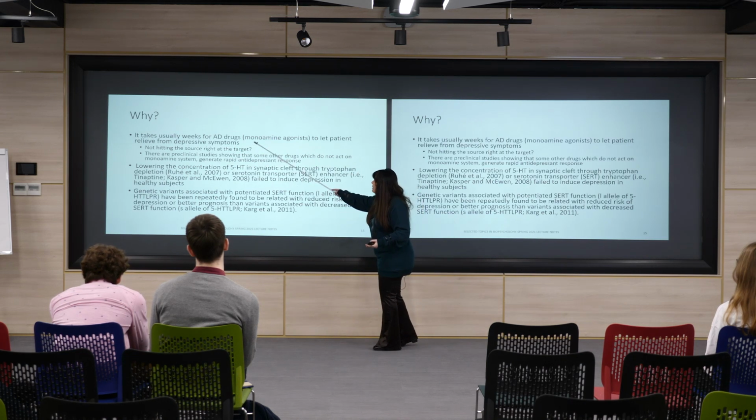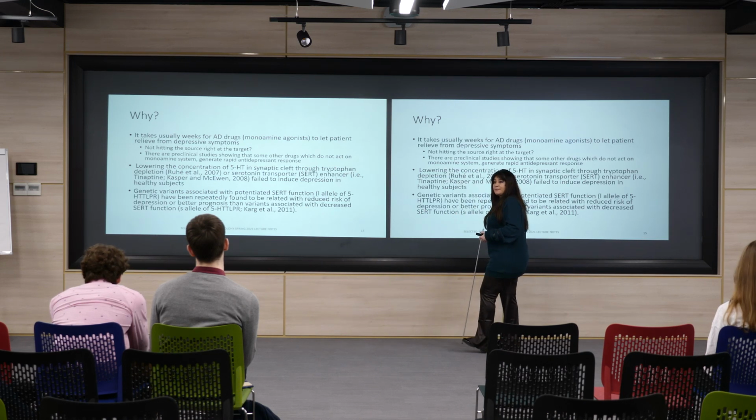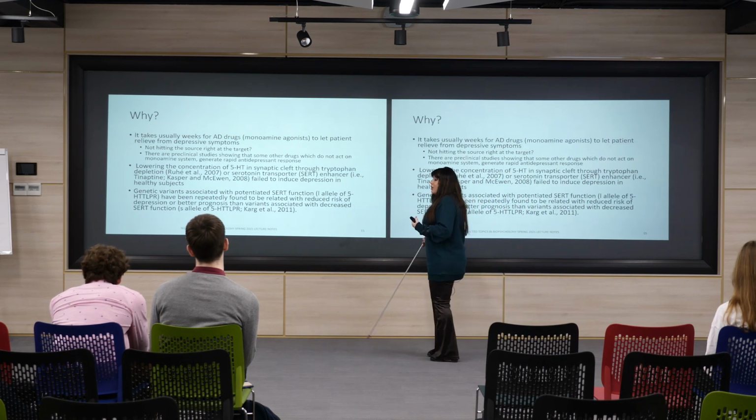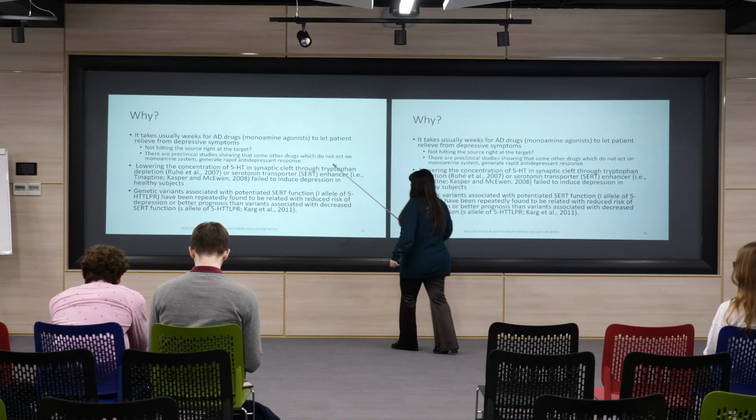But it takes quite a long time to get relief in patients when you use antidepressant drugs. That is from a clinical perspective, but from a neurobiological perspective, you think that probably these drugs do not hit the target, the source of the problem, at the right source. It looks like an indirect way, somehow.